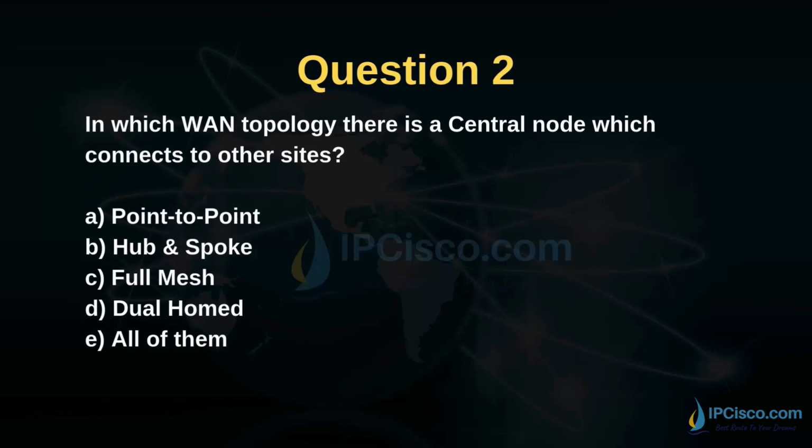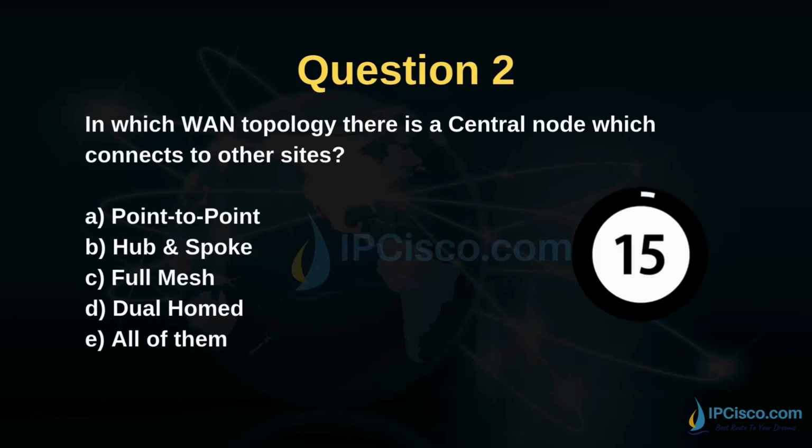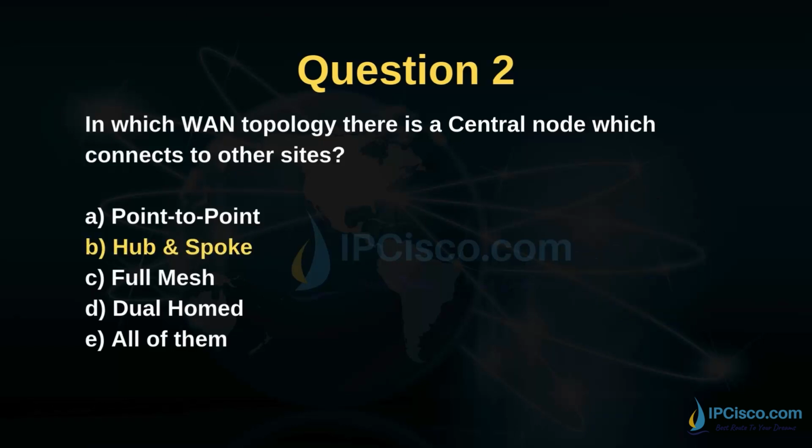In which WAN topology is there a central node which connects to other sites? Point-to-point, hub and spoke, full mesh, dual-homed, all of them. The answer is hub and spoke topology.